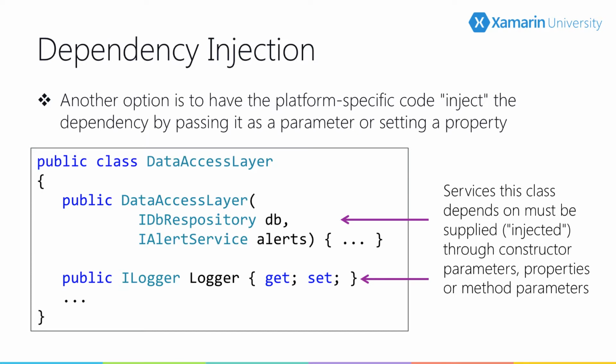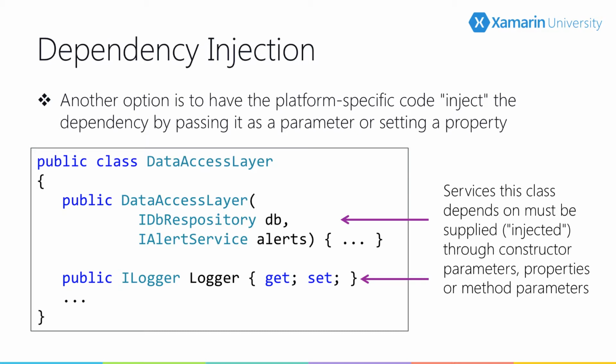But here's the thing. The data access layer does not decide by itself to request a specific implementation for this IDBRepository or for this IAlertService. Instead, it lets others do that. It asks whoever is using this data access layer to provide these implementations.